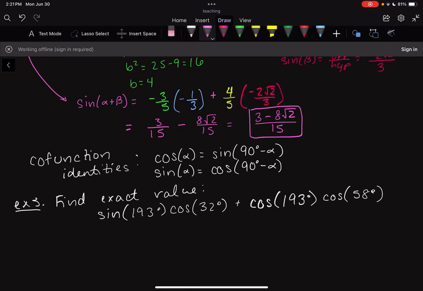All right, so let's work on this one. The issue that you kind of see with it is the fact that this part looks kind of like the sine addition identity, but then this part looks like the cosine.